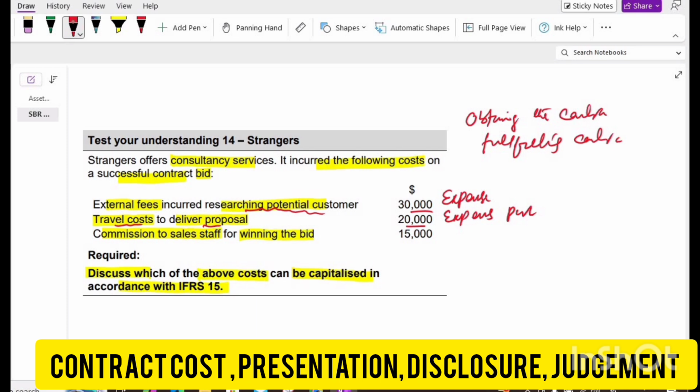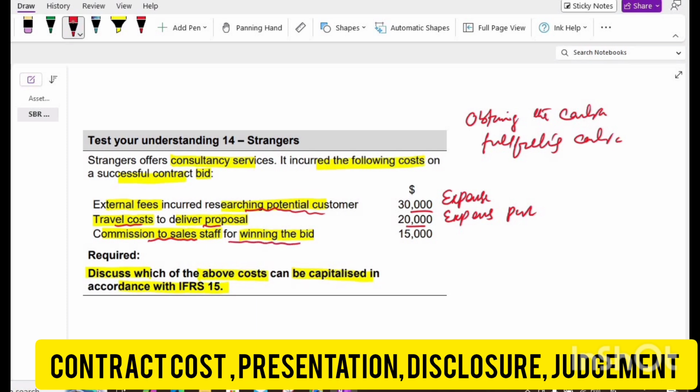Since these costs are not directly attributable to obtaining the contract and would not have been incurred specifically because of the contract success, they must be expensed to profit or loss.